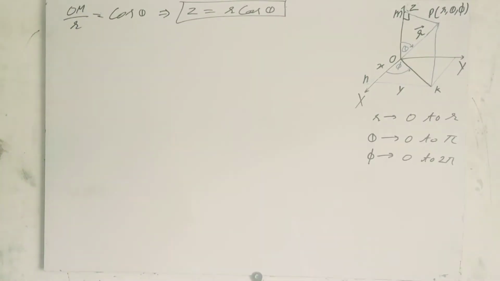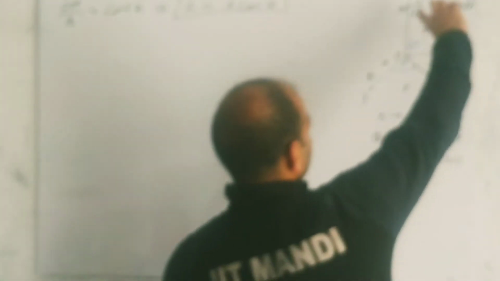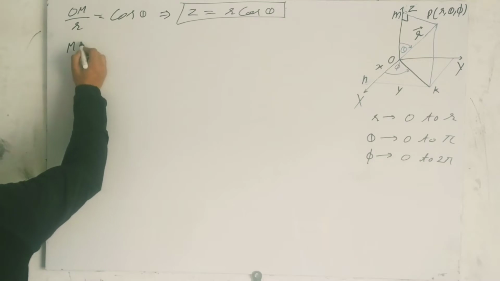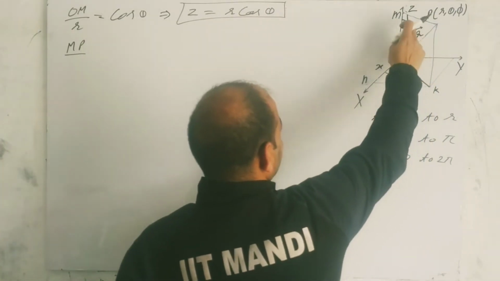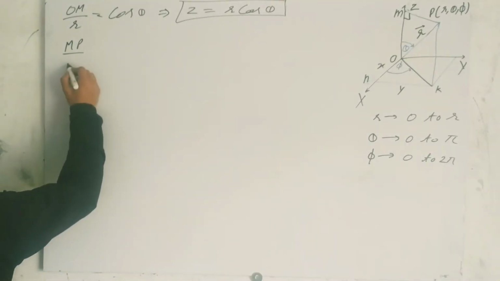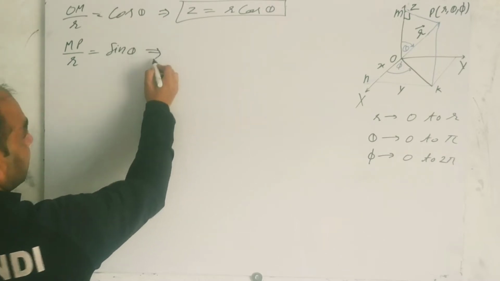Now this is r cos theta. Then about this one, this is MP. If we divide MP by r, that is perpendicular upon hypotenuse, it is equal to sin theta.